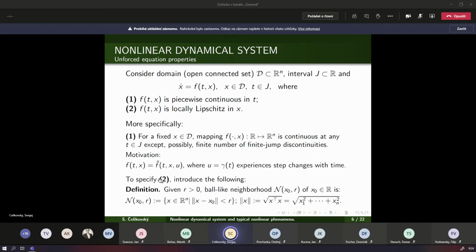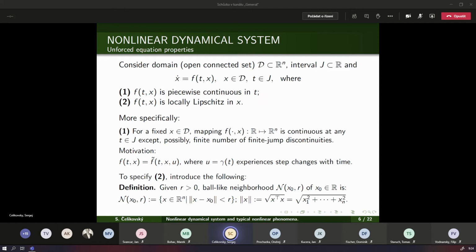So property number 2 is now the property where we want to study how the right-hand side f(t, x) depends on x, on the vector x. To do so, we first need to give some definition, which we may already know.